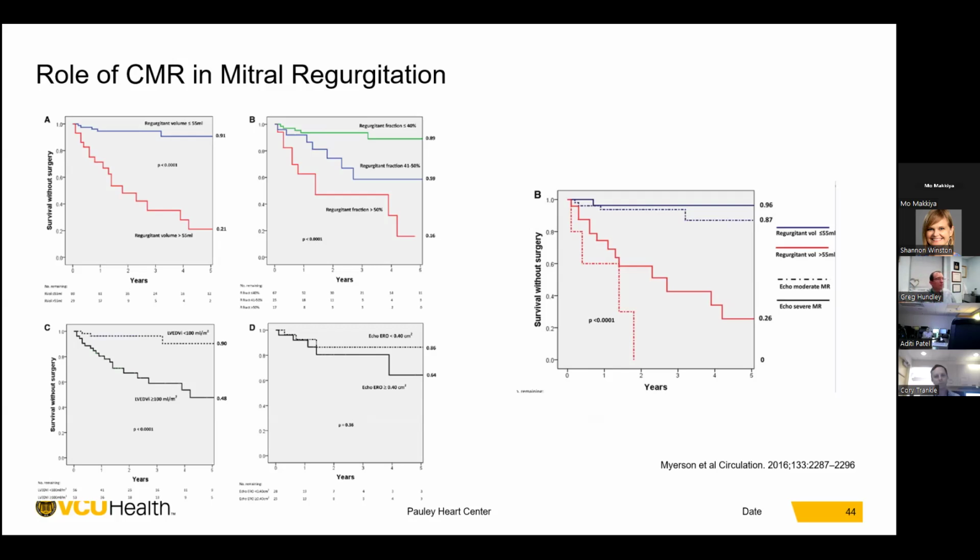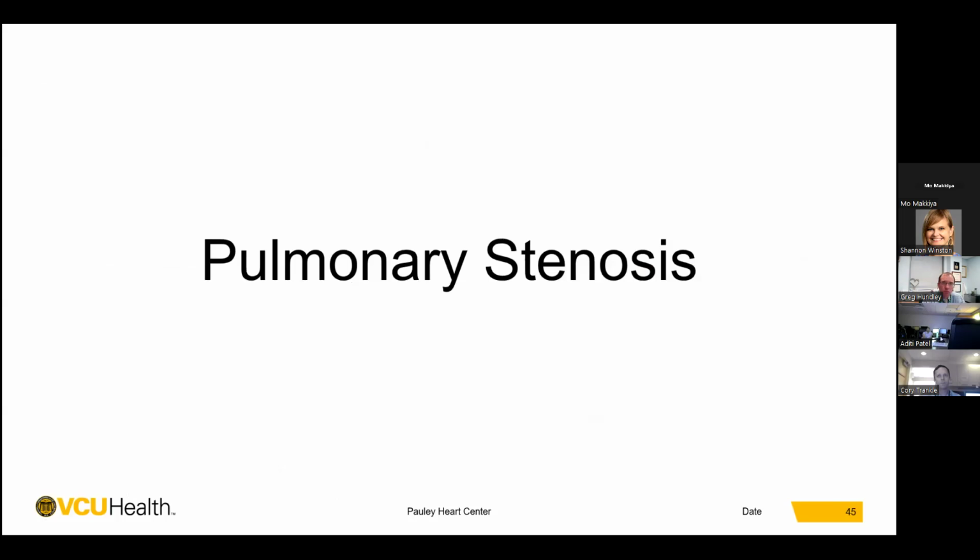Similarly to aortic regurgitation, MRI can help to predict those who will eventually do worse in regard to symptoms and outcomes based on the degree of mitral regurgitation, as we see here in the KM curves, top left, while on echo, quantification did not predict any events to distinguish the two groups, as we see here in the KM curves on the right. They also showed in the study that echo tends to overestimate the degree of mitral regurgitation.